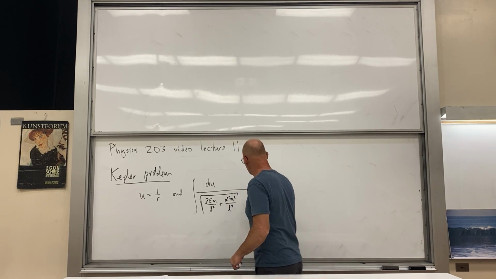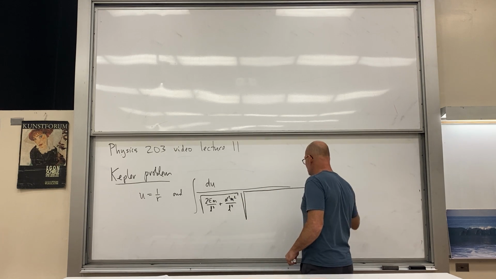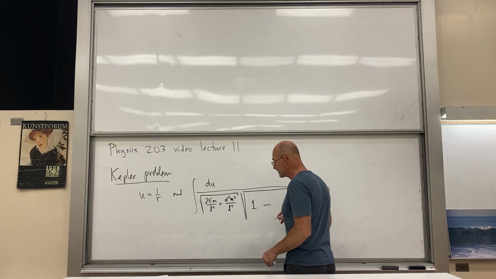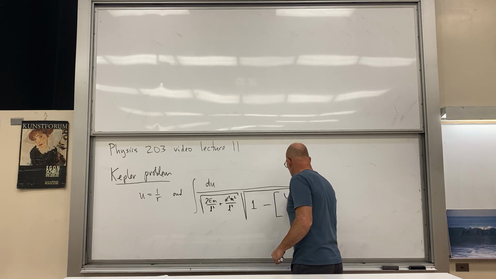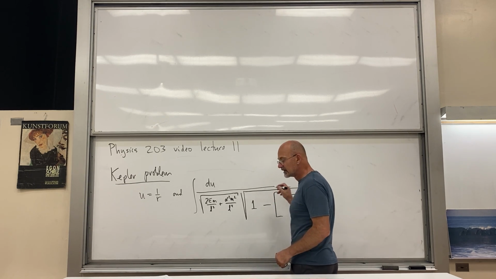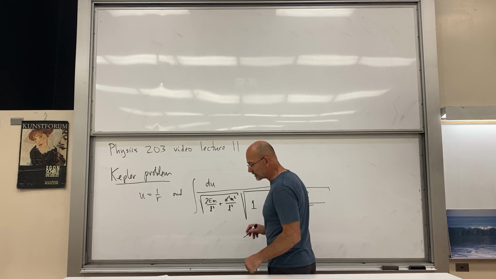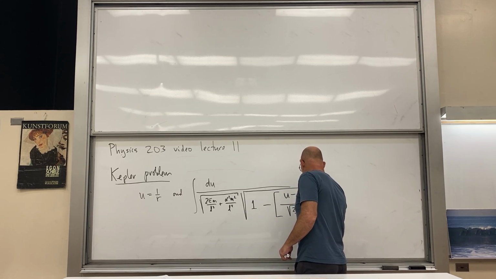So pull that out as a constant, and then in my denominator I have this square root of 1 minus the big square bracket, u minus alpha m over L squared, divided by this square root that we saw before, 2em over L squared plus alpha squared m squared over L to the fourth.